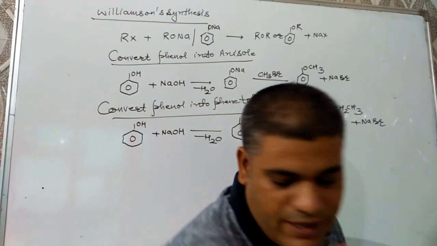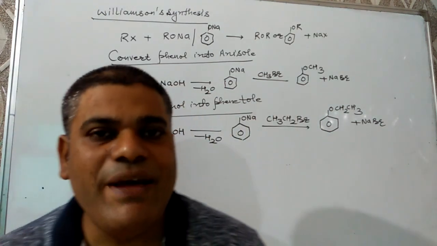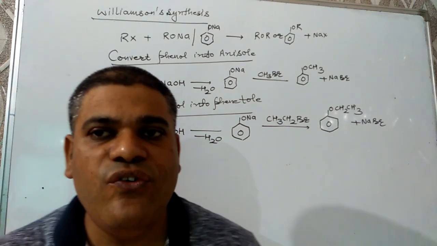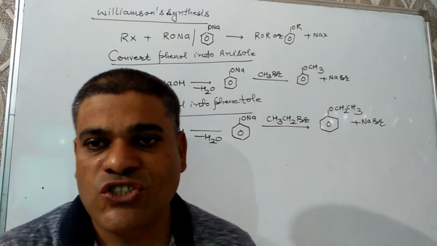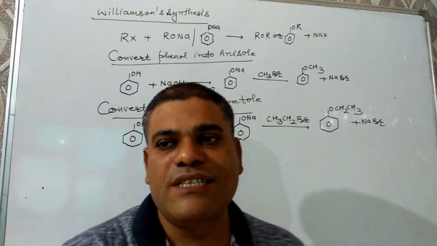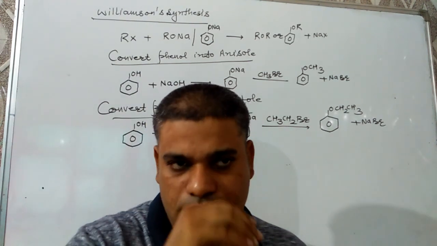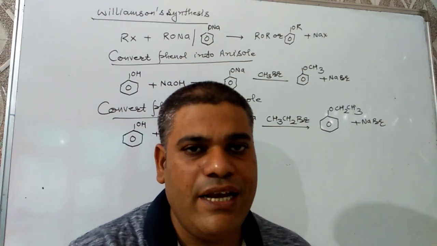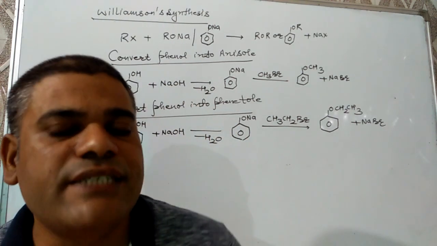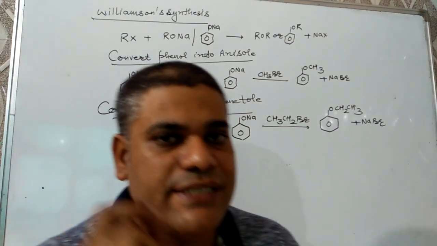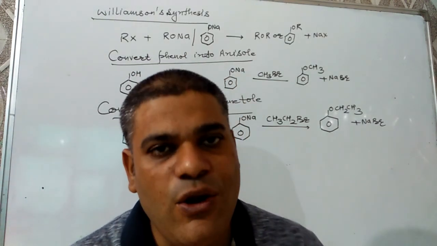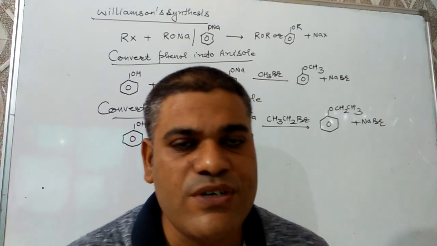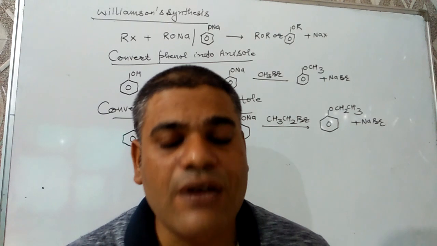Now, a very important topic: what is the drawback of Williamson synthesis? The main drawback of Williamson synthesis is that secondary and tertiary haloalkanes will produce alkene instead of ethers with sodium phenoxide or sodium alkoxide.